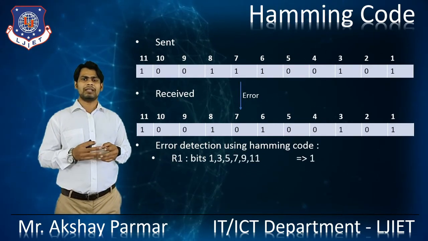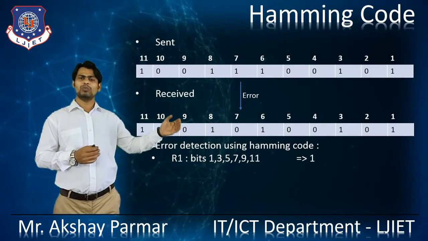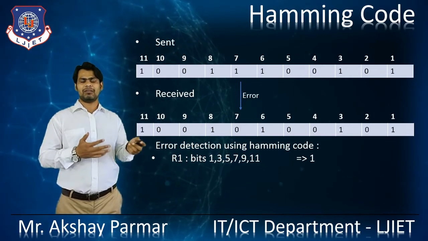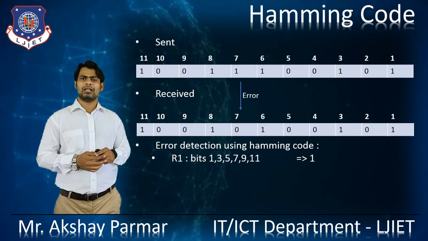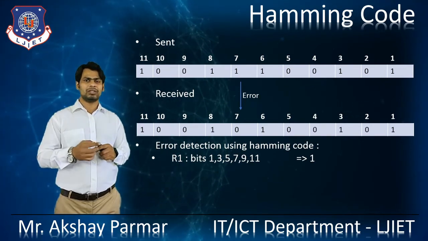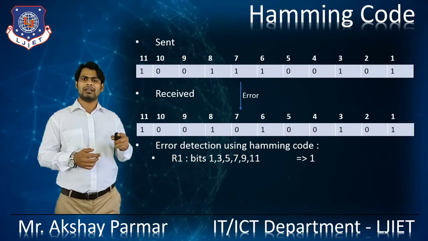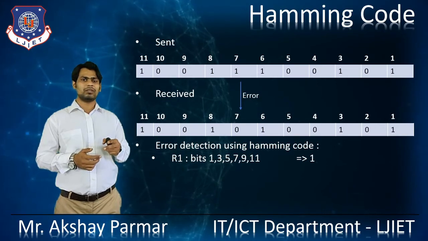For that we are selecting the bits 1, 3, 5, 7, 9 and 11, right? So what is the code there? At the 11th position there is a 1, at the 9th position there is a 0, at the 7th position there is a 0, at the 3rd position there is a 1, and at the first position there is a 1, right?